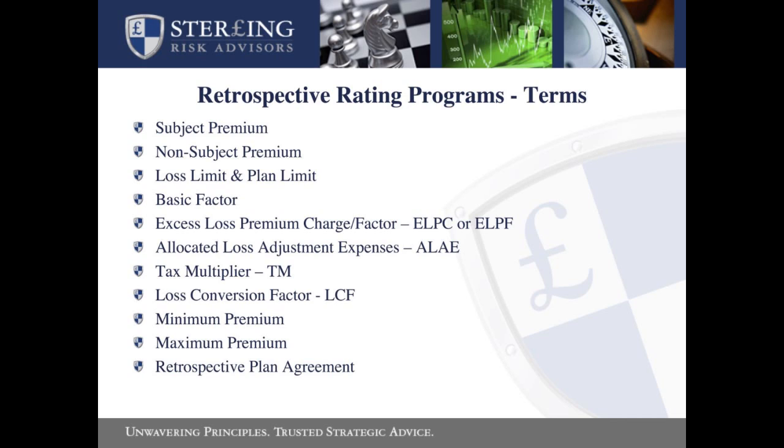A basic factor, which builds in the insurance company's expenses, their profit, and the cost of risk transfer, the insurance. There's tax. There's cost to adjust the claims. Everything is subject to a minimum and a maximum premium.